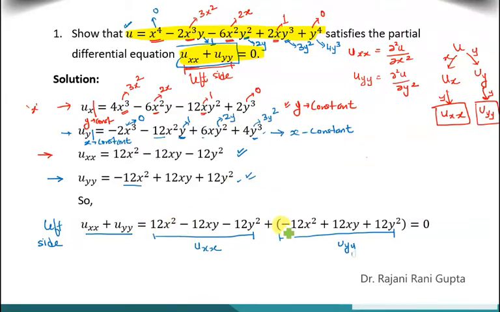12x square and here minus 12x square, these two terms got cancelled. Minus 12xy plus 12xy, these two terms, same but opposite in sign, got cancelled. This one, minus 12y square plus 12y square, these got cancelled. So this gives you 0, which is the same as the right hand side.